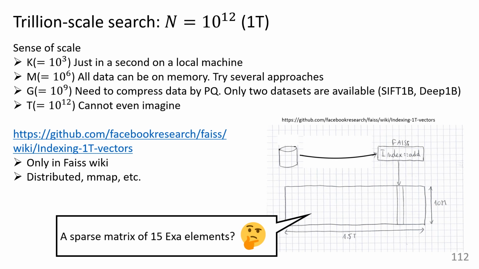So if it is T, we cannot even imagine what's happening. So only the Faiss wiki has a discussion about 1T vectors. Do they use distributed or memory map or many other techniques? Now, the interesting thing here is this is a figure from this wiki, and they are discussing a sparse matrix of 15 extra elements. So it's super huge. Okay.